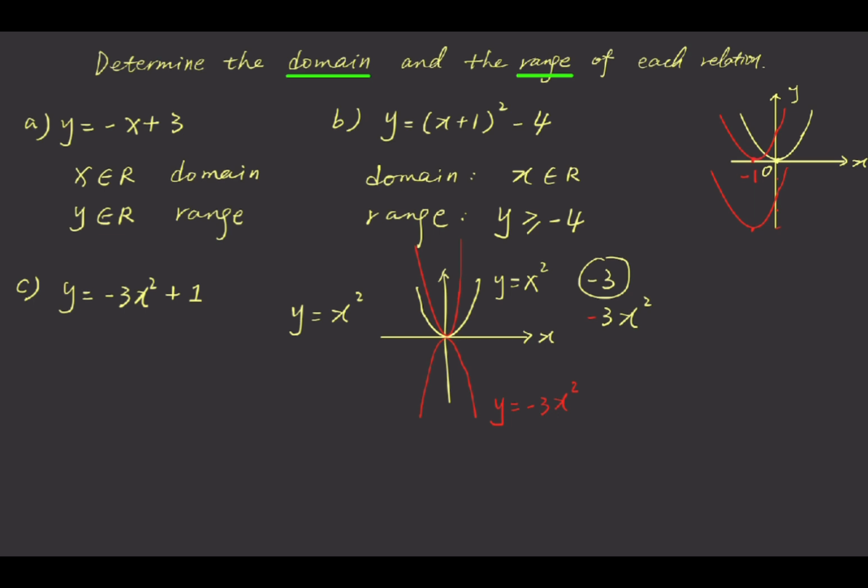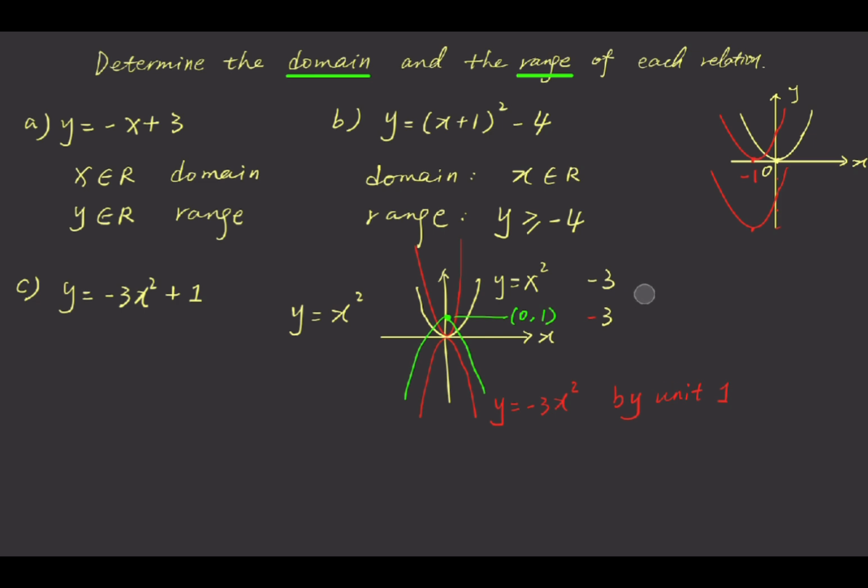On the basis of this graph, we need to translate the whole graph upwards by 1 unit, so it should be here. This is the vertex, it should be (0, 1).